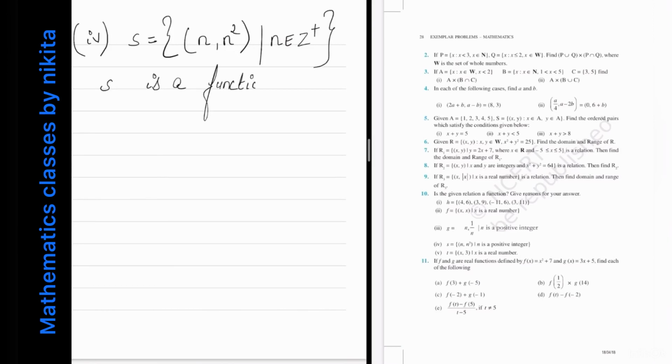since, and you know that this is nothing but the function y equal to x square. But this function y equal to x square that we studied earlier was for all real numbers, and now we are studying only for positive integers. So therefore s is a function since every element in the domain has a unique image.